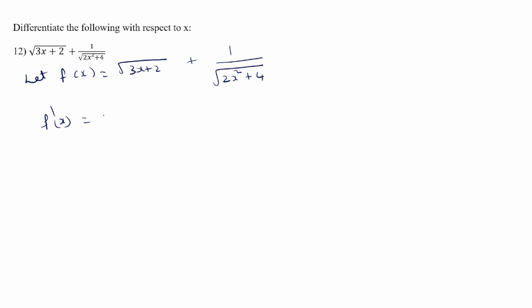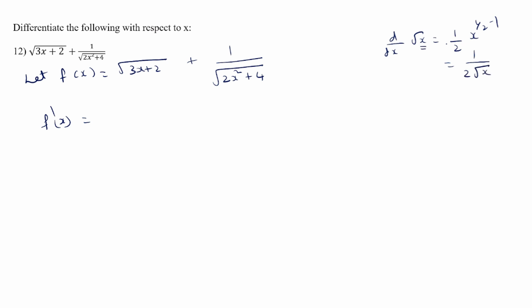Now f dash of x will be, here we have to consider this as a single function and differentiate root of that function. So the derivative of root x is 1 by 2 into x raised to half minus 1, so it is 1 by 2 root x.